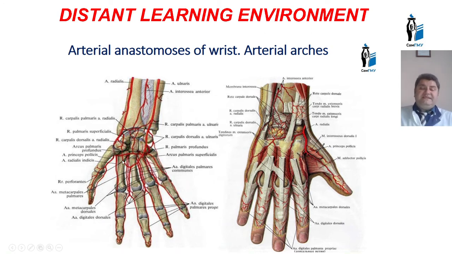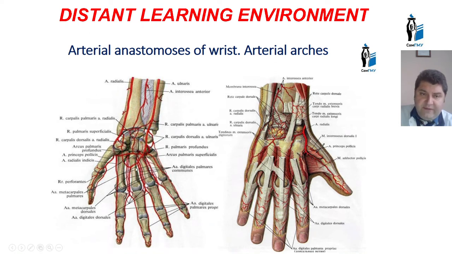And now you may see that these arches give branches for the hand muscles, bones and skin. What are the branches? We can see the common digital arteries pass from the superficial arterial arch.